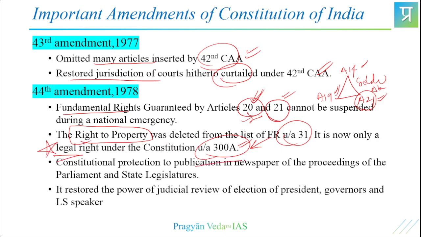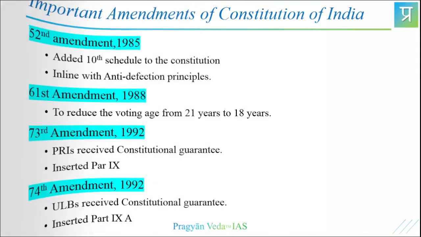Constitutional protection to publication of certain newspapers, of course, by Parliament and state legislatures. It also restored the power of judicial review, right, especially in election of president, governors, and Lok Sabha speaker. So these were the happenings in the 42nd and post the 42nd amendment, namely under the 43rd and 44th amendments.